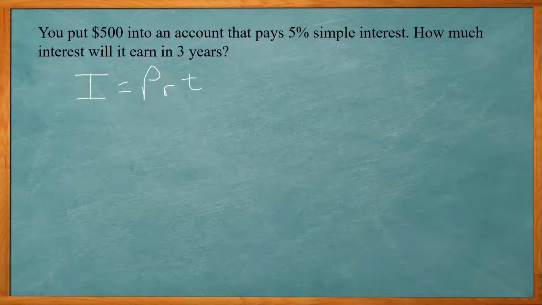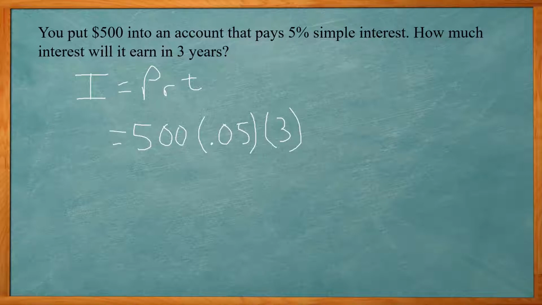Okay, then we're going to fill in what we know. Our principal, we deposited 500, so P is 500. Interest rate, 5% simple interest. We're going to change our percent to decimal by dividing it by 100, so it's going to be 0.05. And T, your time in years, is 3 years, so just 3.